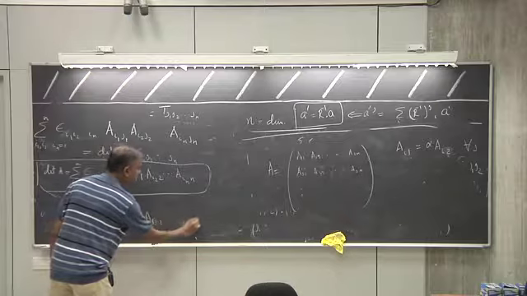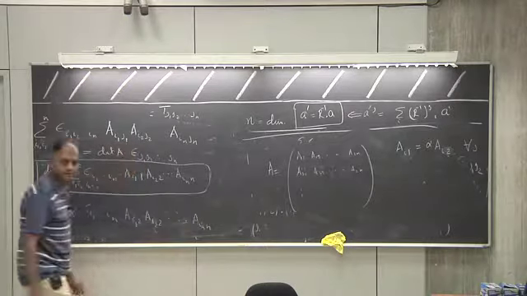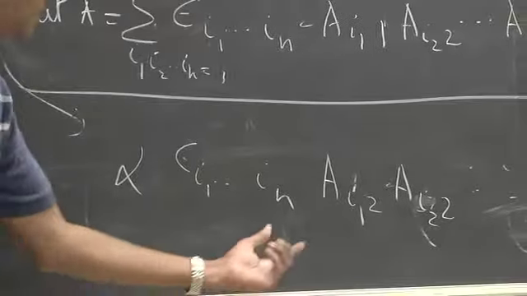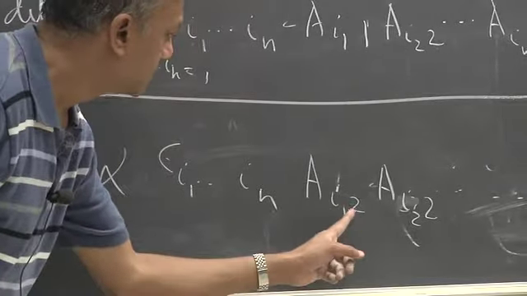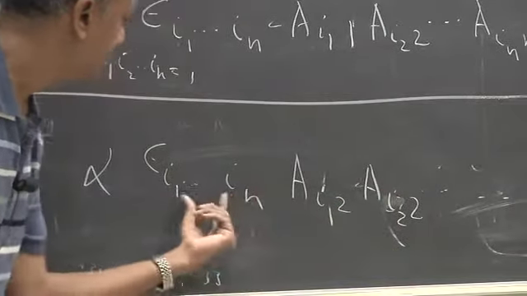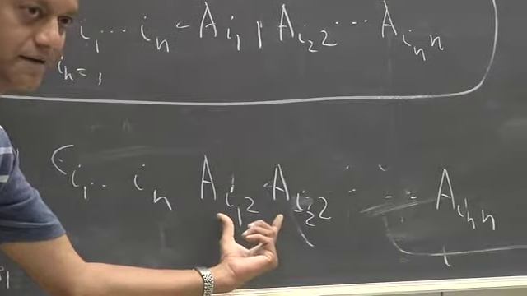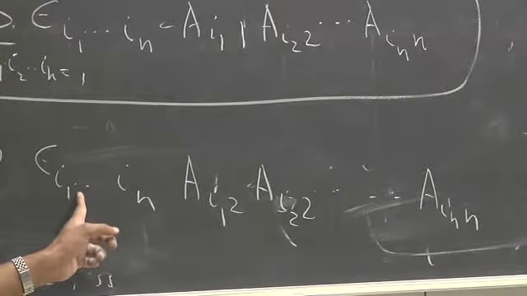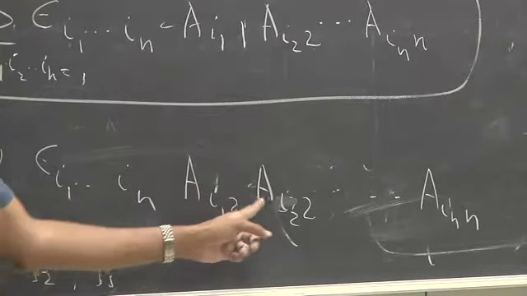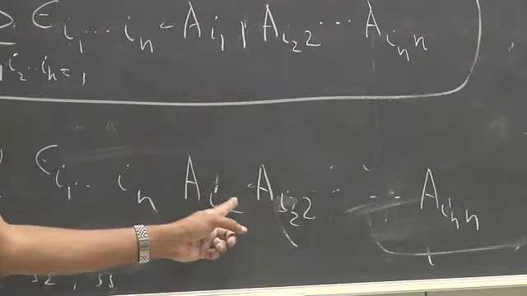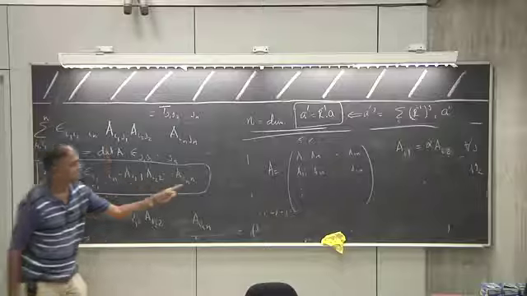Nothing happens, right? But this is 0. Why? Because these two indices are the same, but if I exchange i1 and i2, it's anti-symmetric, because of this epsilon. So the two terms will cancel and you get a 0 answer. So in such cases, the determinant of A is 0.